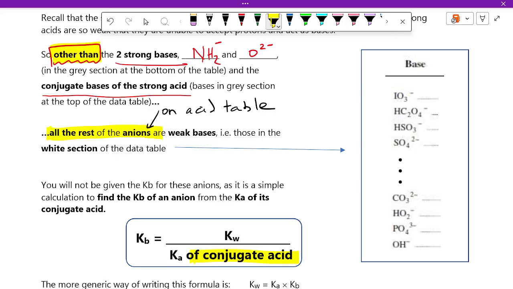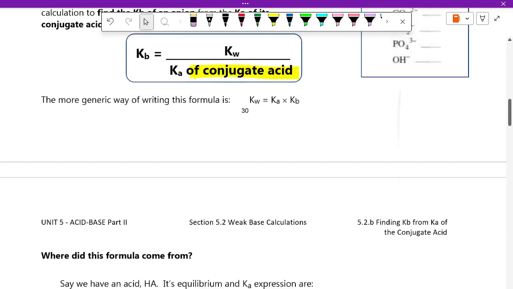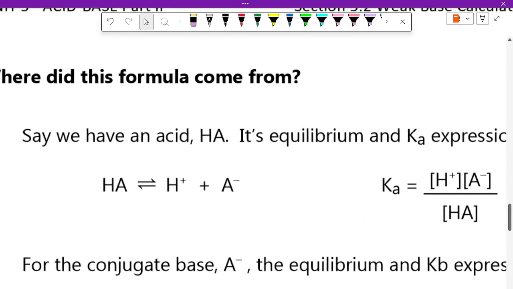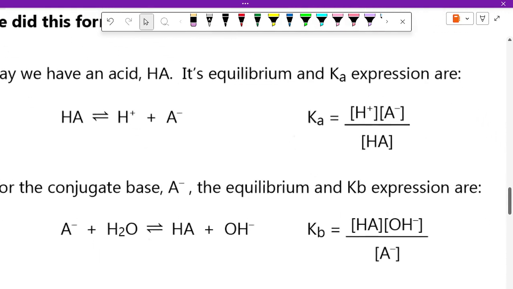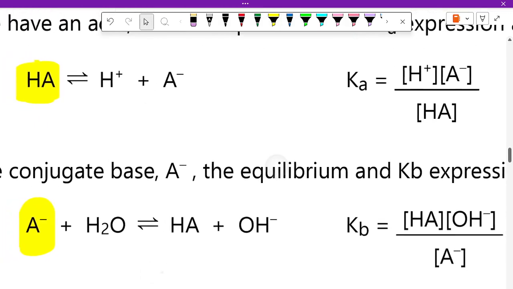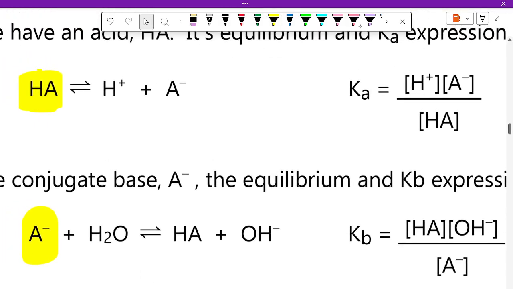Yes? This is true because when you cancel, this Ka and Kb are just multiplications of the concentrations and they cancel out. Where did this formula come from? We have our acid, HA. There's our Ka value. We have its conjugate base, A minus, and we write its reaction with water to give us base. So we had our acid here, and we had our base here.